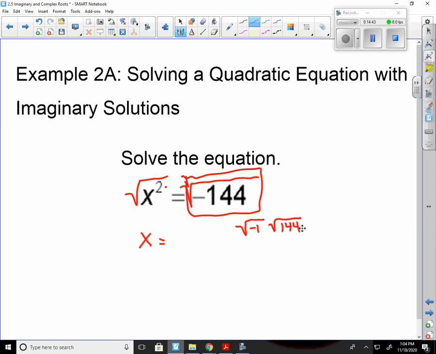So the square root of 144 is 12. What's the square root of negative 1? So now this is just 12i. Square root of negative 1 is i. Square root of 144 is 12.